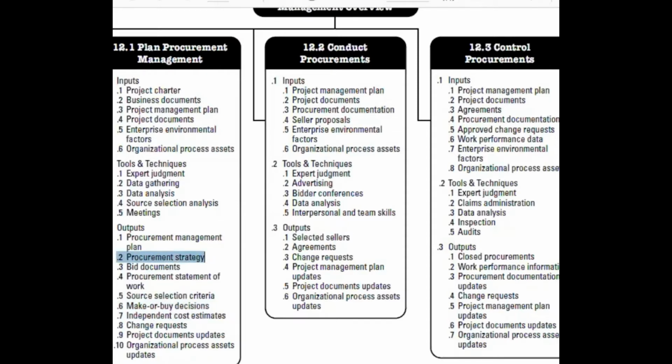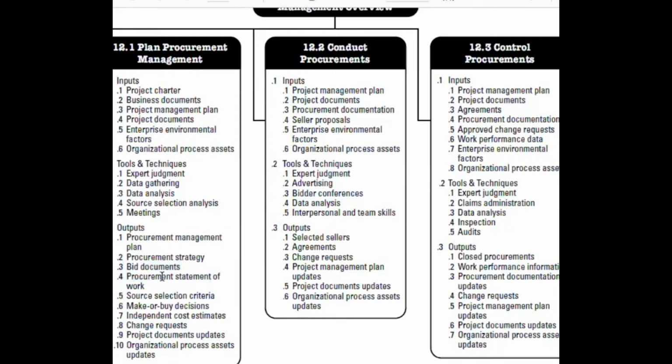You will also set your procurement strategy for the release of payment, 80-20 or 60-40 or 50-50, or based on delivery. You will issue the bid documents to the seller, and once you issue the bid documents, after a brief analysis of how much it is going to cost, your seller will submit the bids.